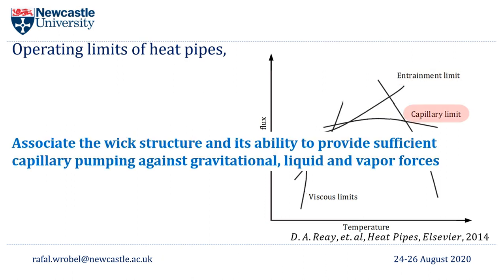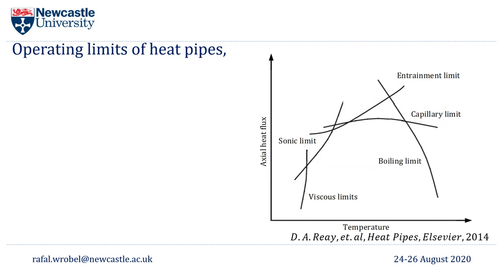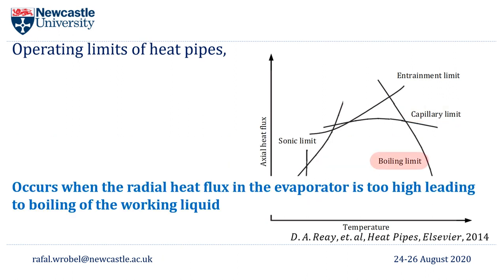The capillary limit relates to the type of wick structure, and that needs to be designed to address particular operating conditions. And then the boiling limit relates to too much heat or too high temperatures introduced to the heat pipe, and consequently boiling of the working fluid and leading again to drying out of the heat pipe.